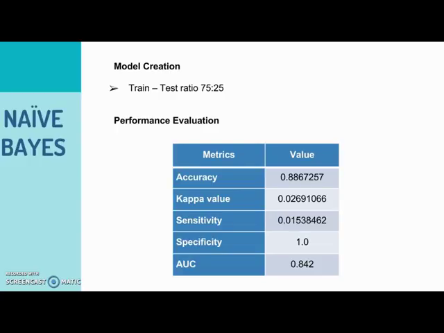The kappa value is 0.0269, which is less than 0.2. This indicates the algorithm has poor agreement. The ROC curve gives 0.842, which is higher than 0.8. It means the model does a decent job in discriminating between the 5 categories which comprise the target variable.